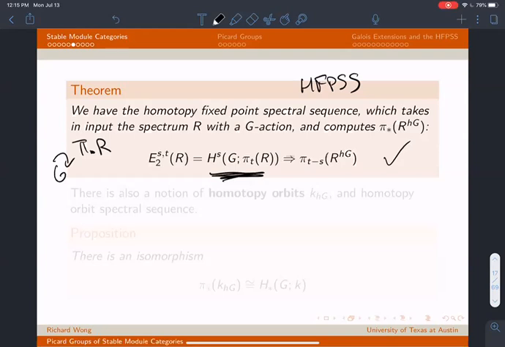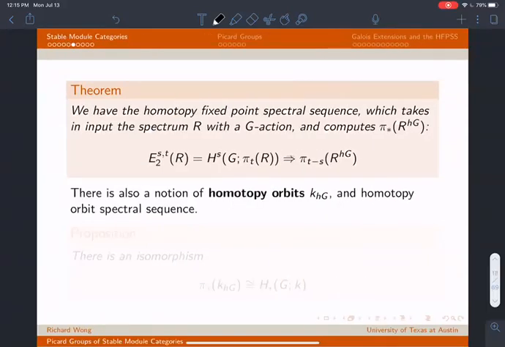So dual to the notion of homotopy fixed points, there's also a notion of homotopy orbits. So instead of taking the fixed points, you take the orbits of this G action. And you also have a homotopy orbit spectral sequence.